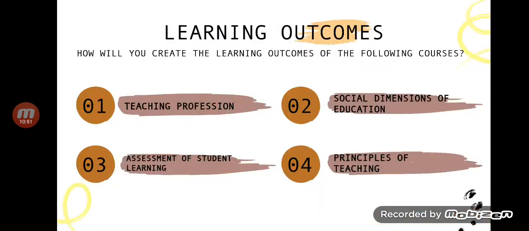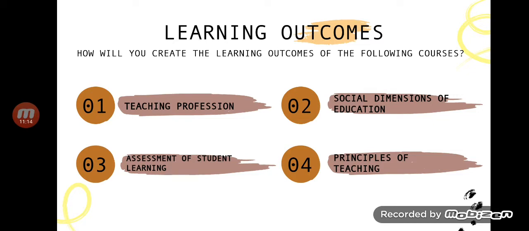Okay, now, what about the learning outcomes? How are we going to create the learning outcomes of the following courses? We have here the teaching profession, the social dimensions of education, the assessment of student learning, and even the principles of teaching, and also the rest.